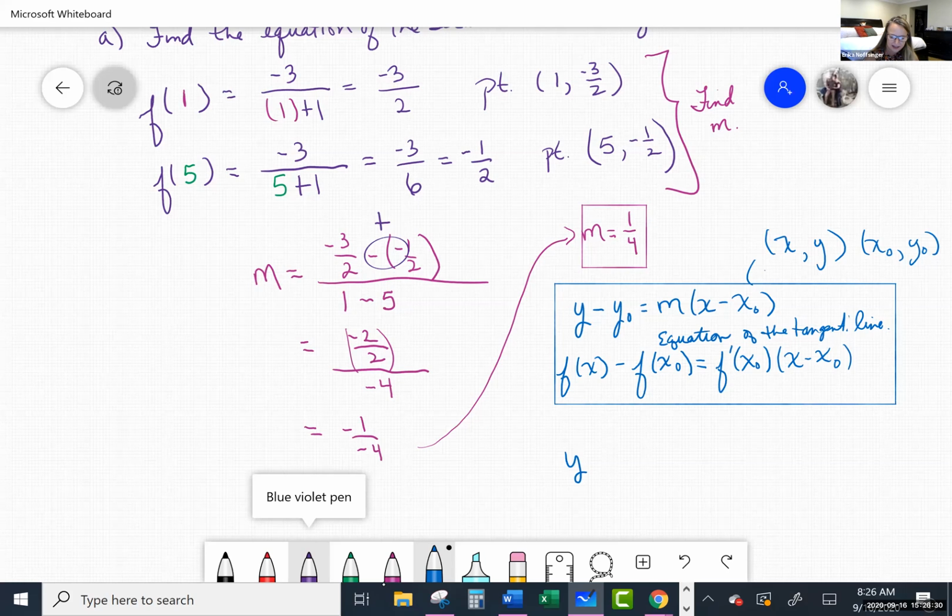So this would be x, f of x for y, and this would be x sub 0 and then f of x sub 0 for y. And so just replacing those values, y is f of x and y sub 0 is f of x sub 0.